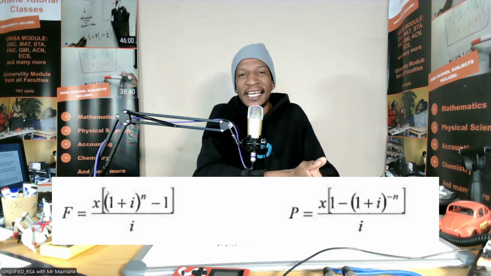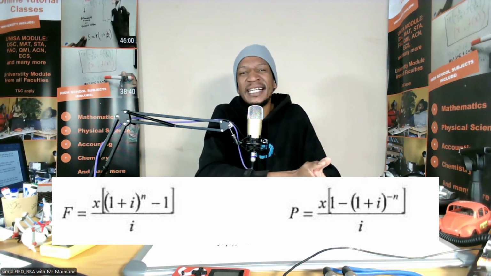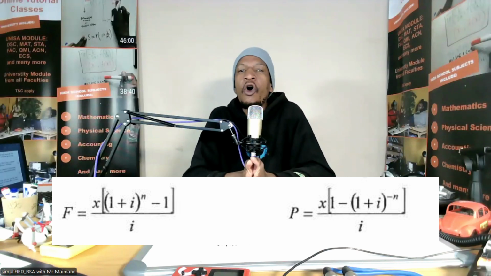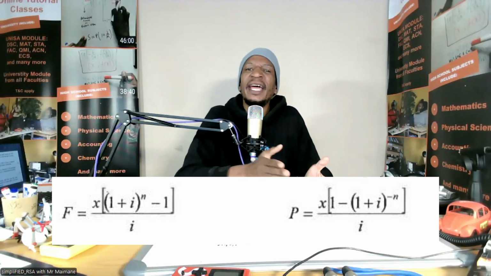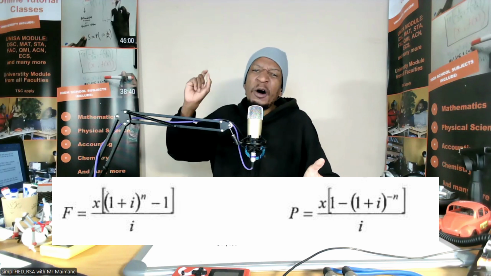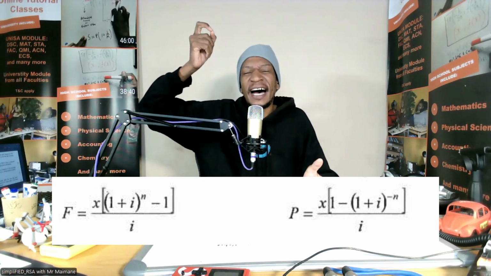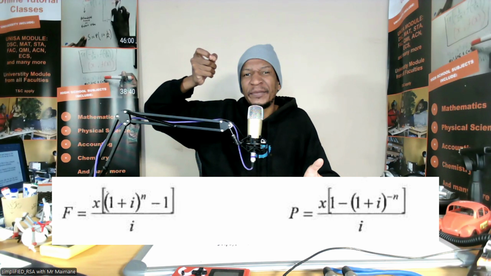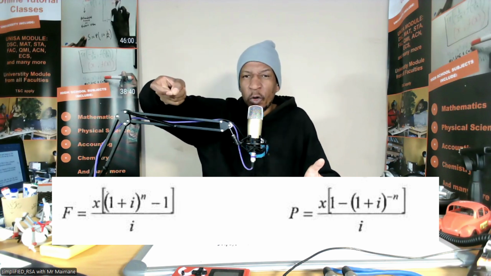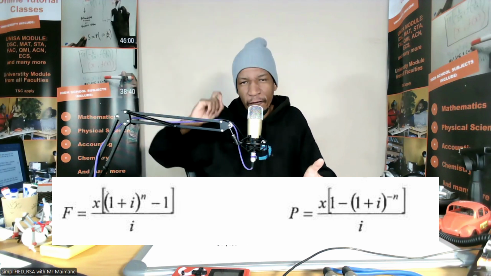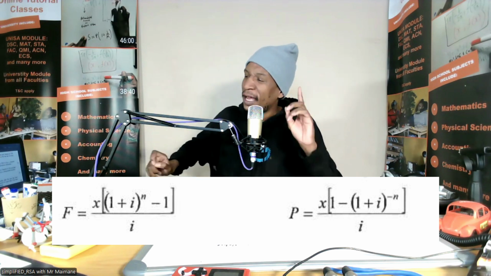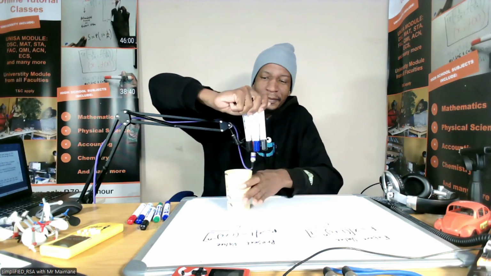Now, like I said, annuity is equal payments being paid in or out of the account. The question would be, how do I figure out whether I'm facing a question that has something to do with present value of annuity or future value of annuity? Let's start with future value. Think of it like this.